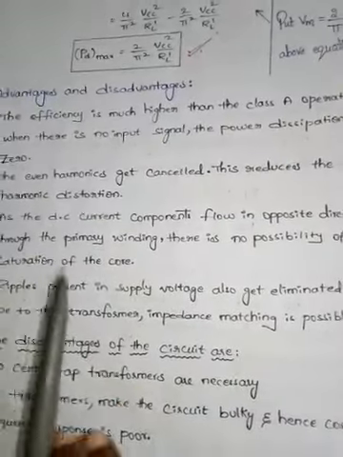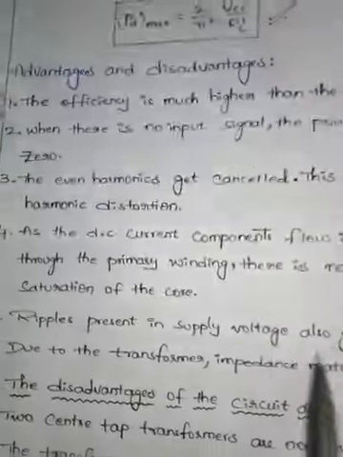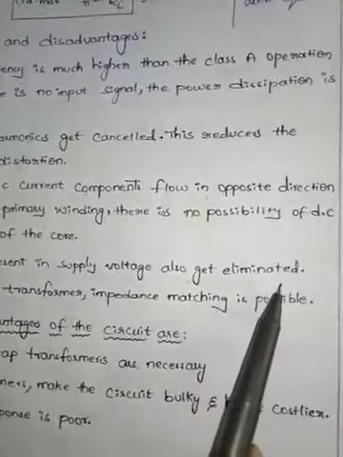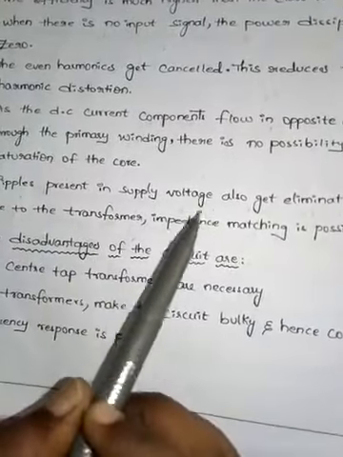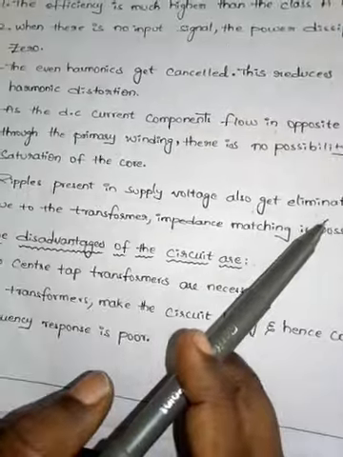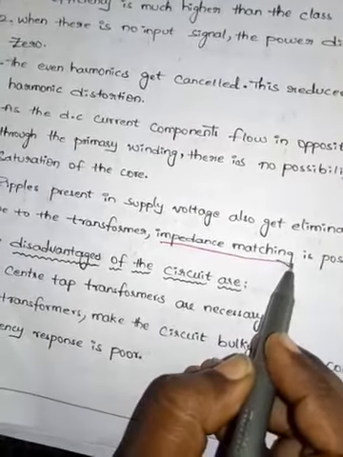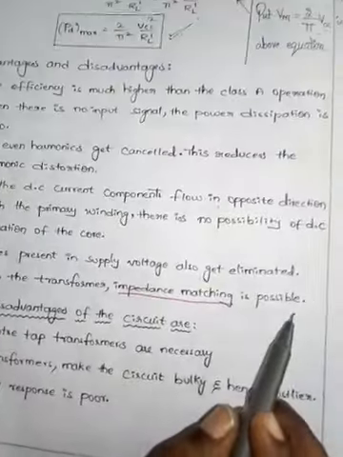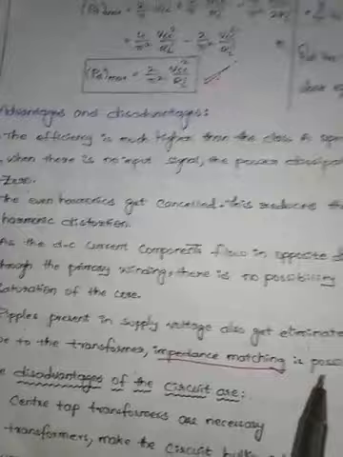Another main advantage is that the ripples present in the supply voltage, and the ripples in the output, get eliminated. Also, impedance matching is possible. So these are the advantages of the class B push-pull amplifier.